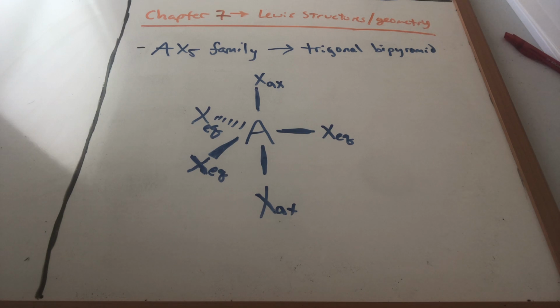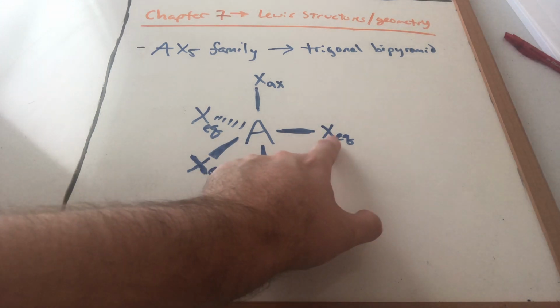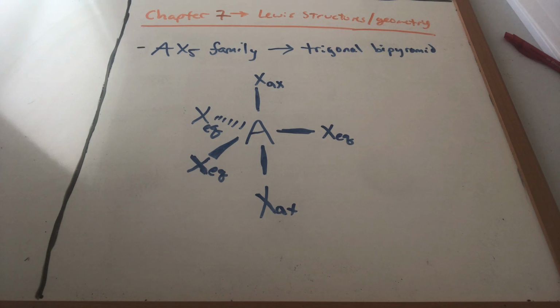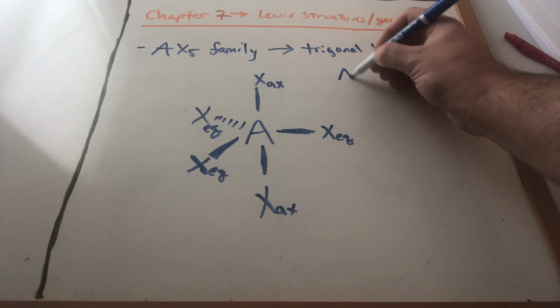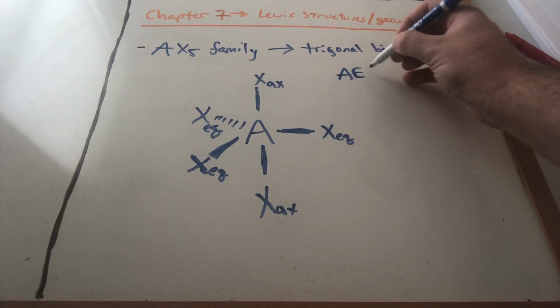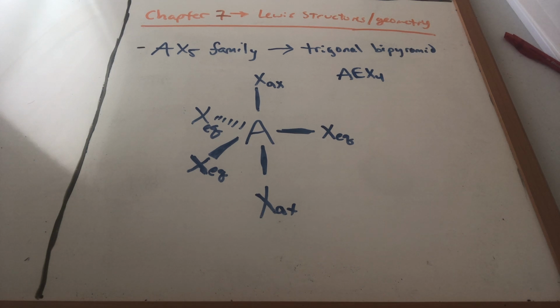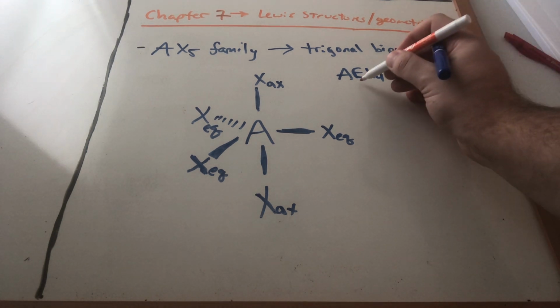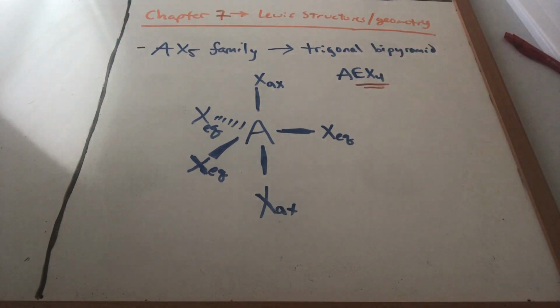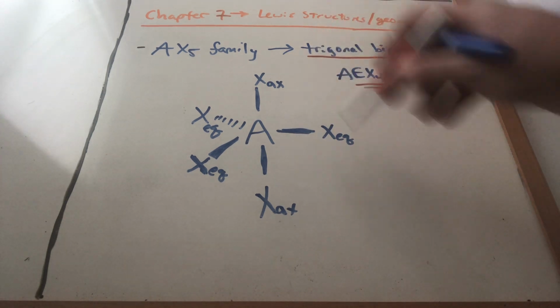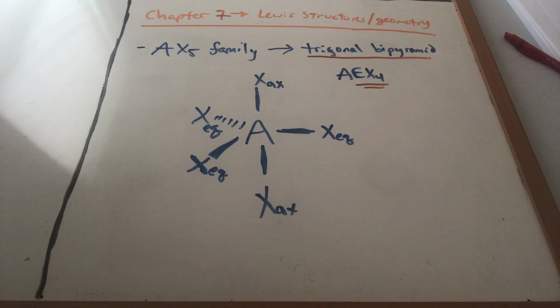In this family, the thing to remember is that the equatorial positions are where you place lone pairs. So let's say I do a Lewis structure and I see, okay, there's a central atom, there's one lone pair, and there's 4 atoms attached. Here's the thought process, and make sure you get this down and it makes sense. 5 things are attached to the central atom. So I know what the family is, and I know what I draw. I draw a trigonal bipyramid, okay?